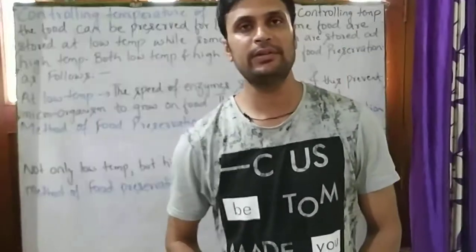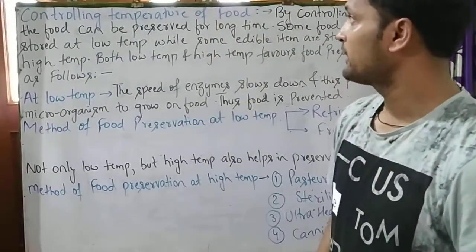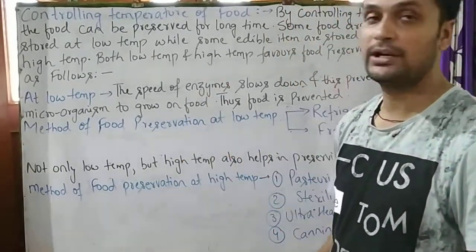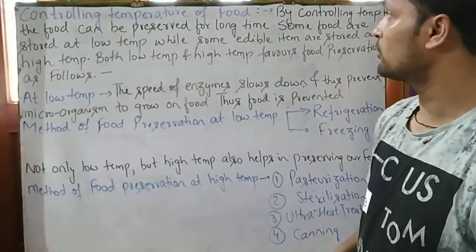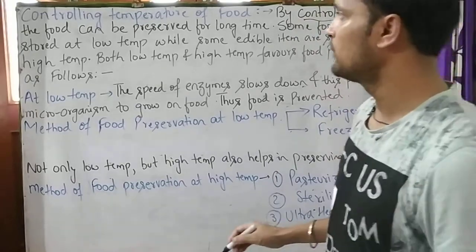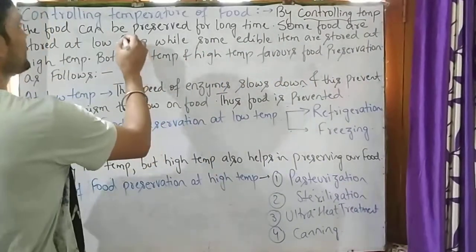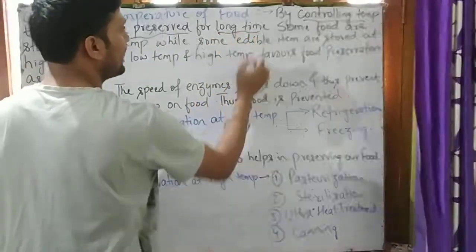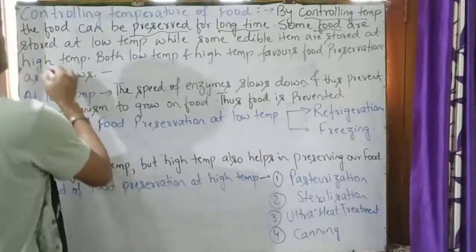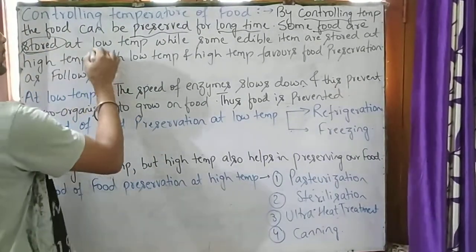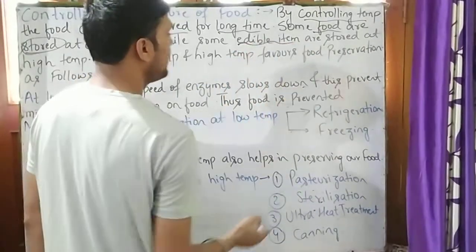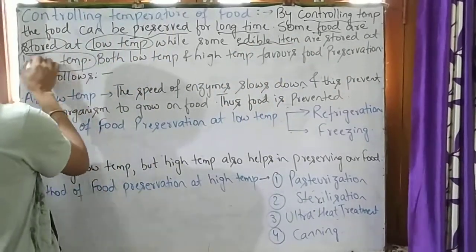Students, we have just studied that by controlling temperature we can preserve our food. Now we will study how we can control temperature to preserve our food. By controlling temperature, the food can be preserved for a long time. Some foods are stored at low temperature, while some edible items are stored at high temperature.